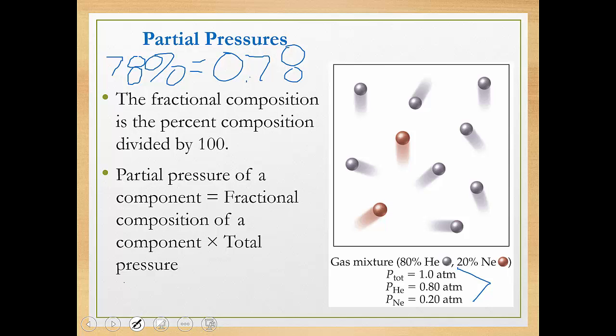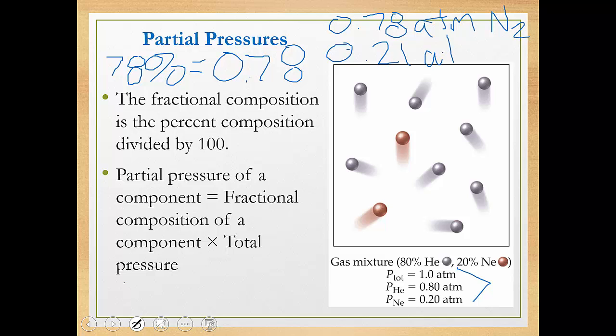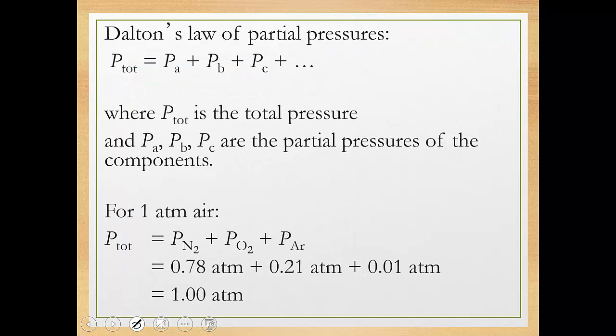In the air that we're breathing, if I'm at 1 atmosphere of atmospheric pressure, that's 0.78 atmospheres of nitrogen and about 0.21 atmospheres for oxygen. That's all we're doing. We're just taking the fraction of the whole for each one of those.